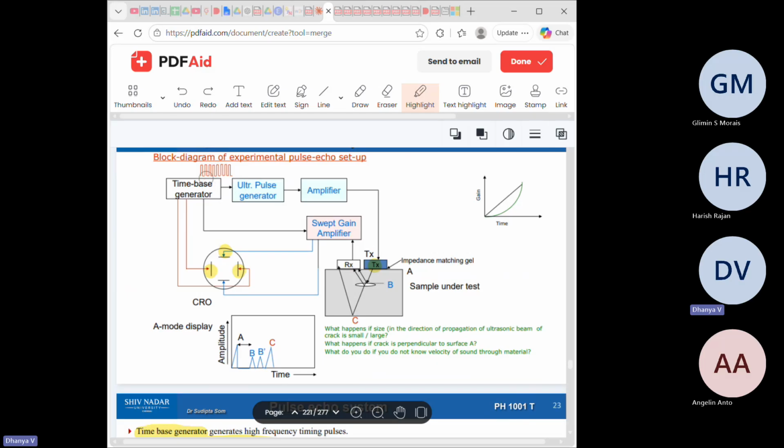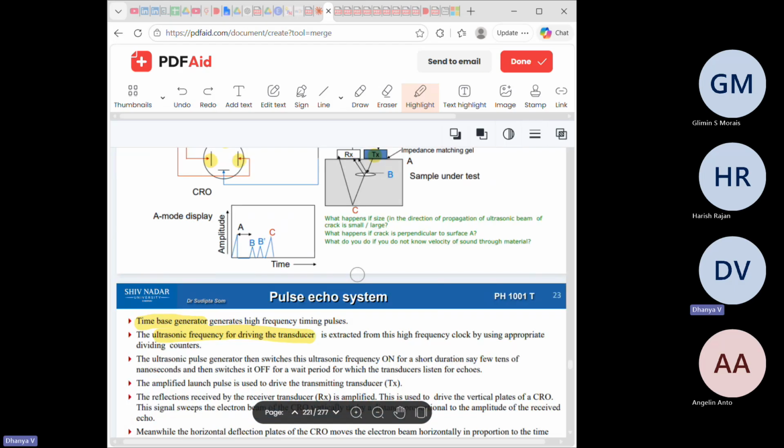In the low period, it will wait to receive the echoes back. You transmit something, and the echoes are received, so it will wait for that time. The time-based generator will note down how long the delay is between transmission and the echoes that are emitted back.